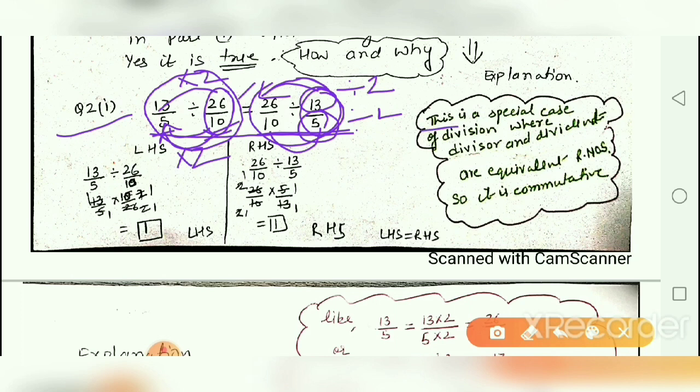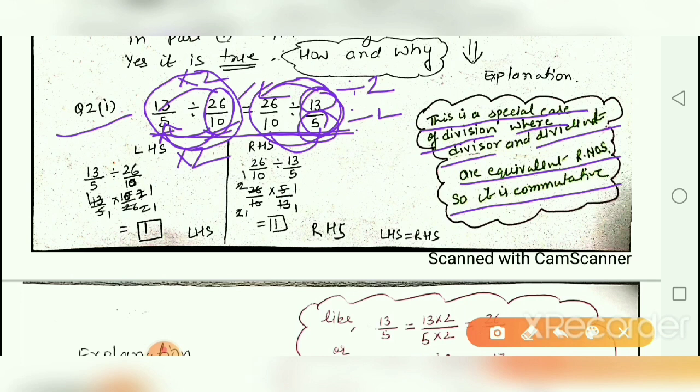So this is a special case of division where divisor and dividend are equivalent rational numbers. So it is commutative. Commutative law is true for such numbers. And whenever we solve these types of questions, we will get the answer as 1 or -1.